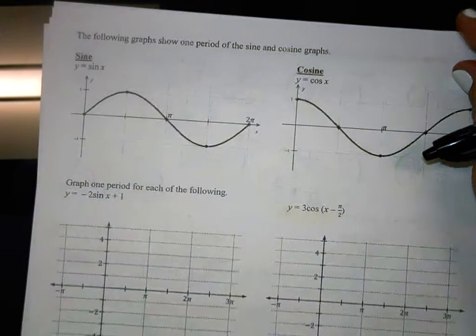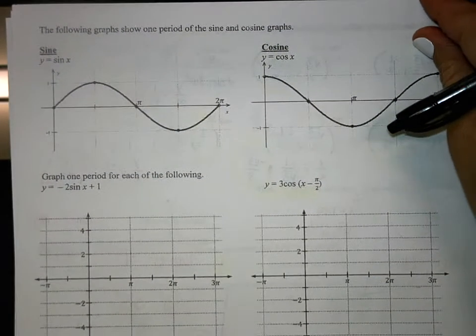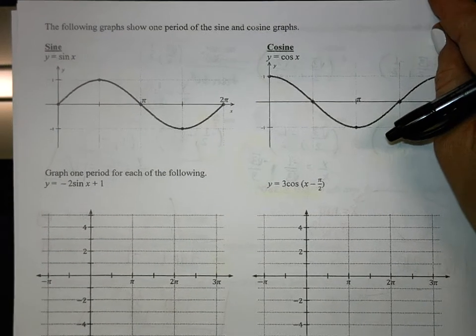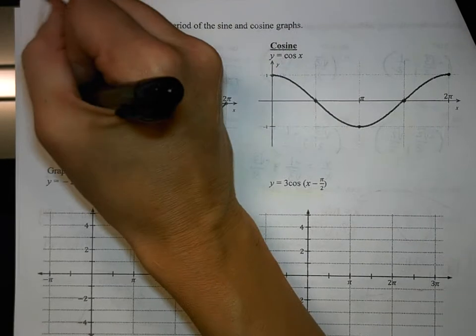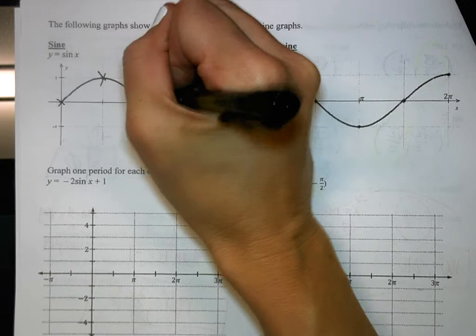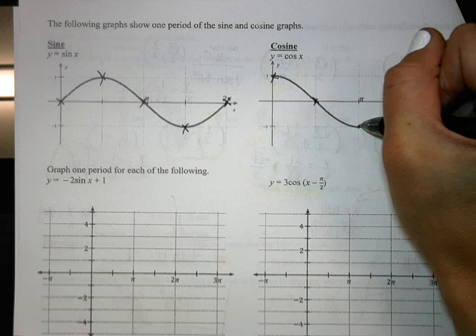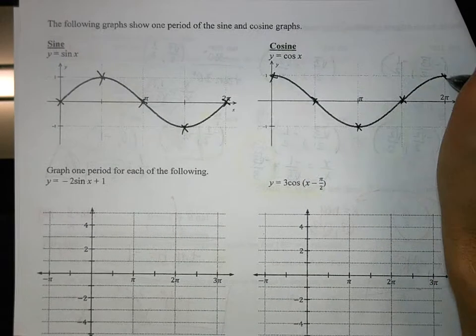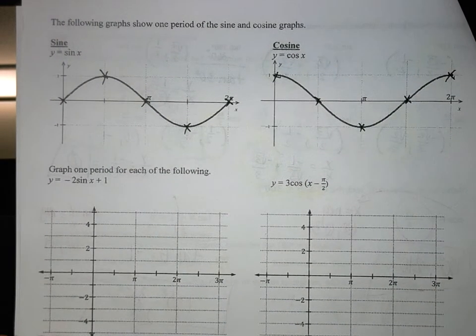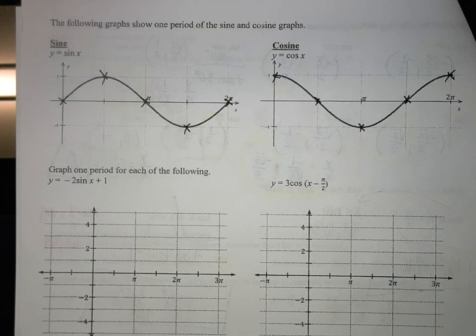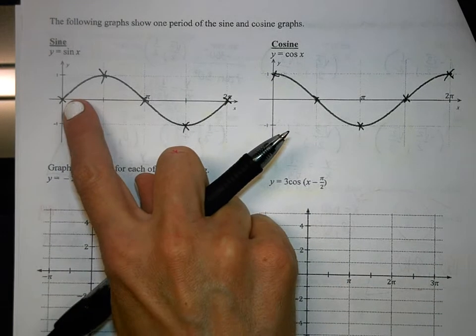So your sine and cosine graphs have been drawn for you. Okay? Remember that we normally mark these all with X's, and then we end up making our points once we move them. If you were to look at your unit circle, remember this is dealing with the y values, okay?